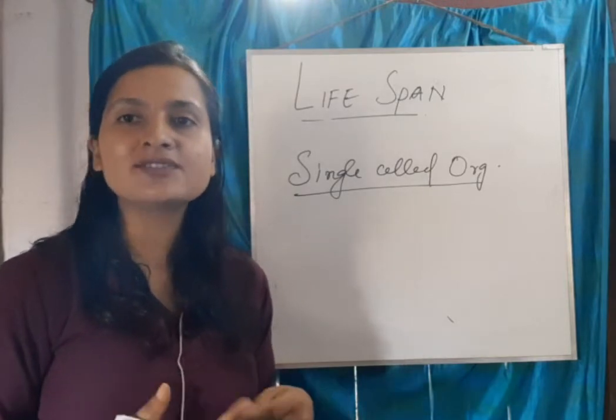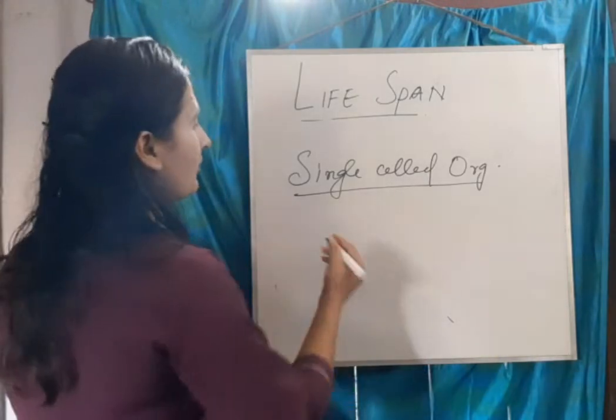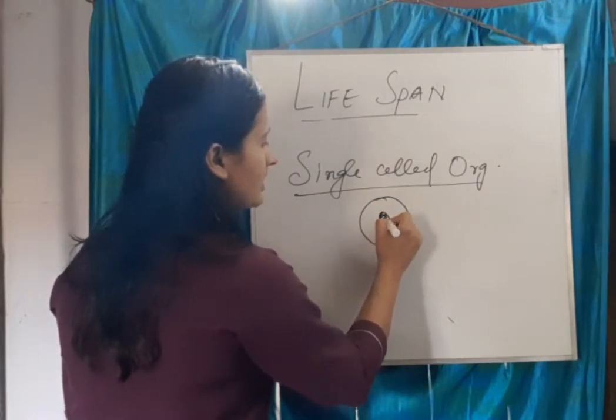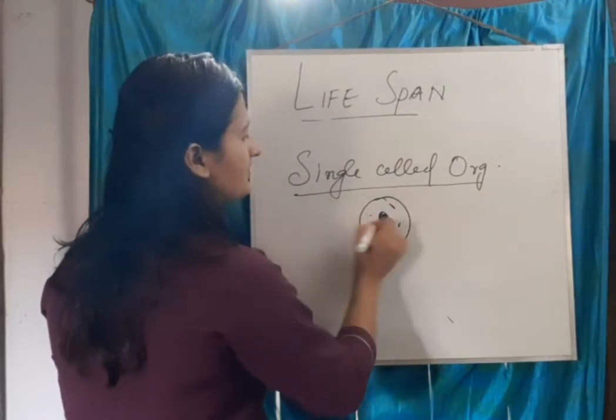They keep on growing by cell division. Say for an example, this is a cell, correct? This is cytoplasm, this is nucleus.